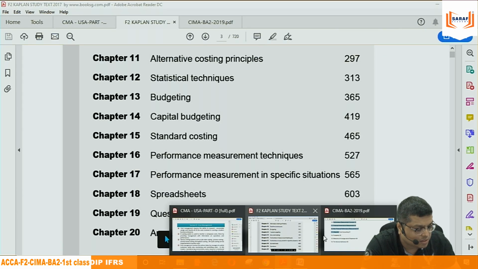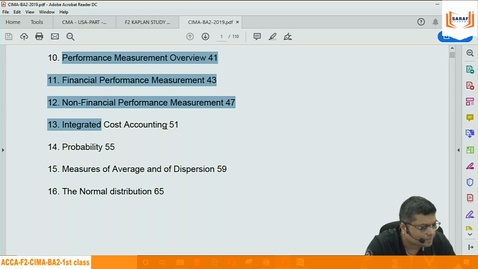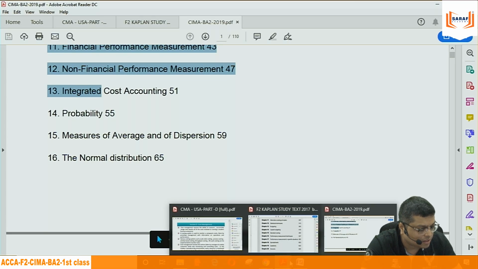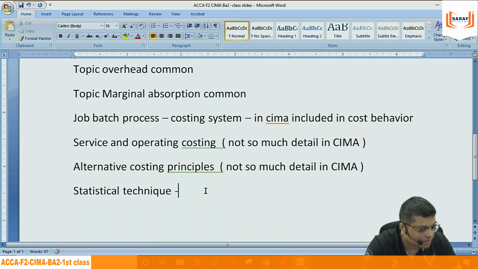In CIMA it is measures of average and dispersion.